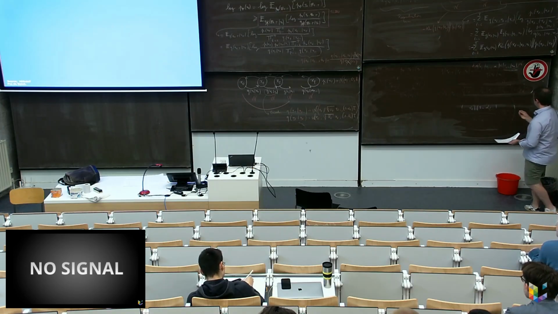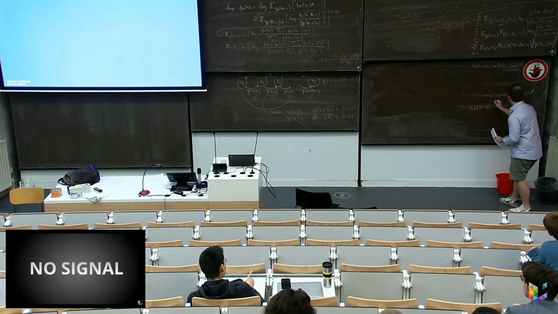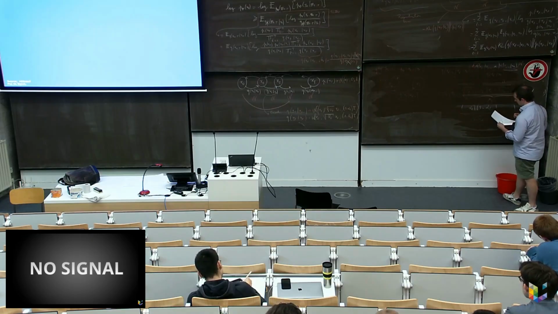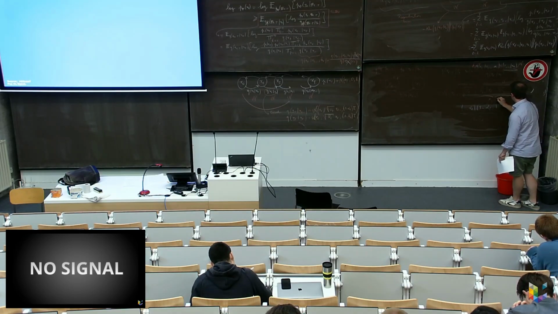Okay, so this is something that I will call the mean of q, mu q, which depends on x0 and xt.